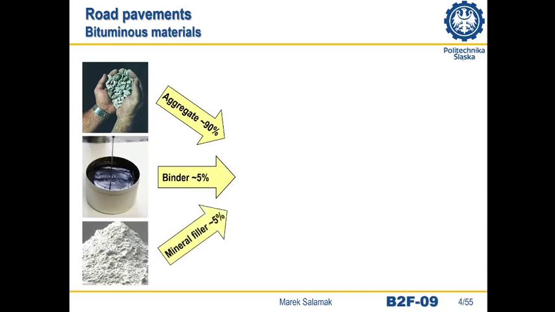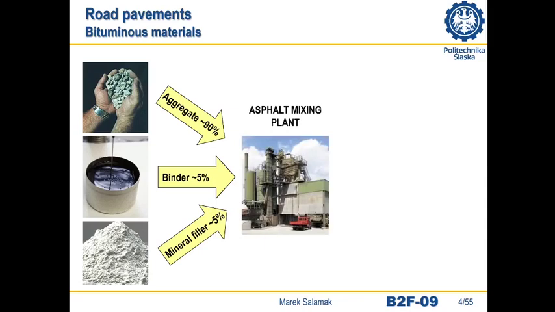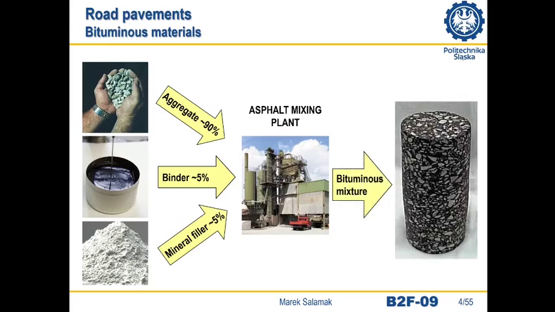It is all mixed in specialized asphalt factories, often mobile, constructed locally in the construction area of some motorway section, just to reduce transport costs. On the right side, you can see the asphalt surface borehole, which is supplied in this form to the laboratory for testing of the pavement quality.